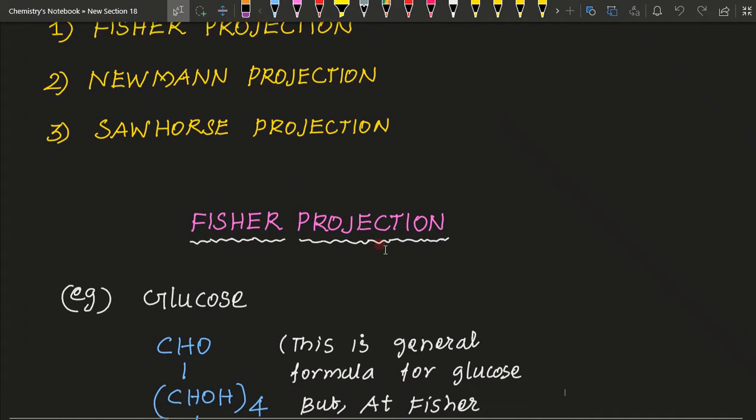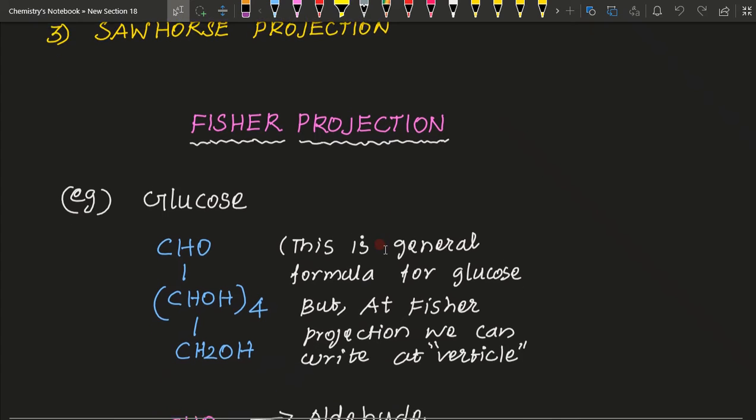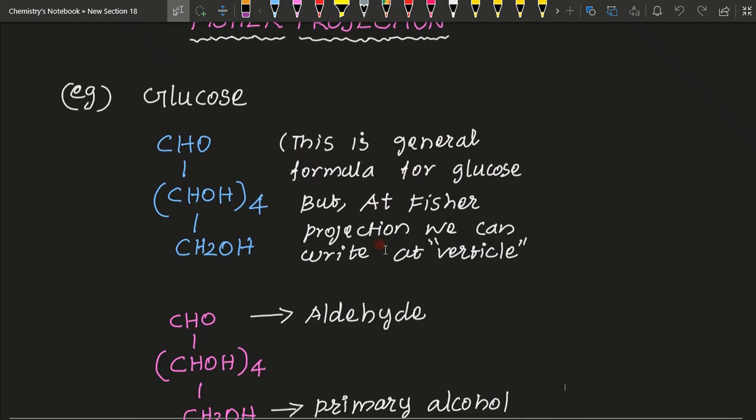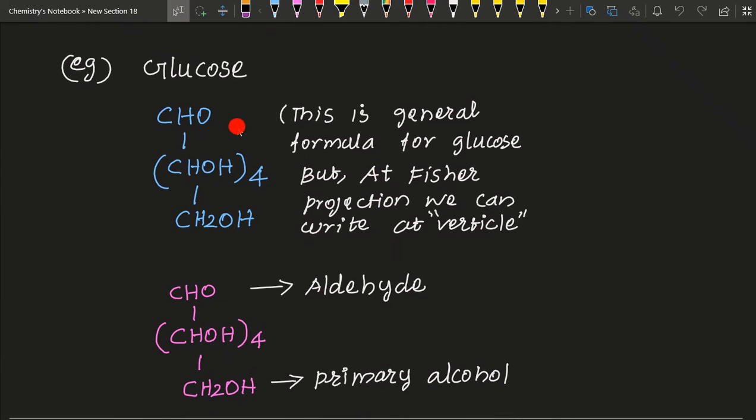For example, glucose molecule. This is the glucose structural formula: CHO, CHOH four times, CH2OH. This is the general formula for glucose, but in Fischer projection we can write it in a vertical position.